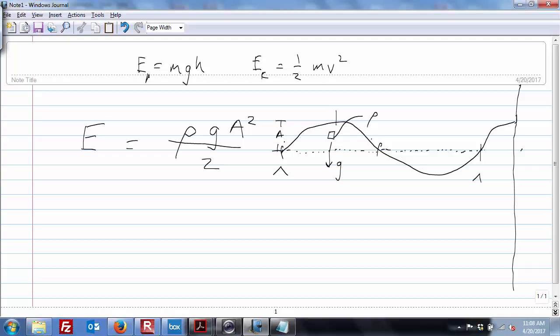So A is the amplitude, and that is the notation that the book uses.